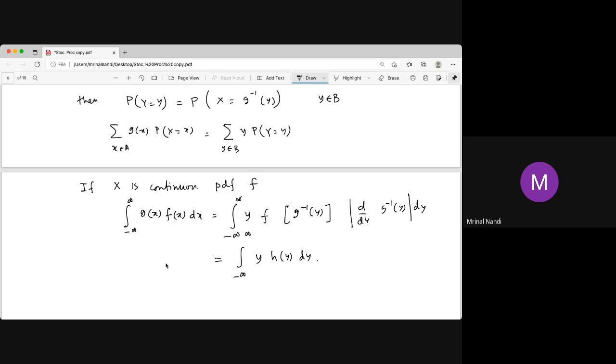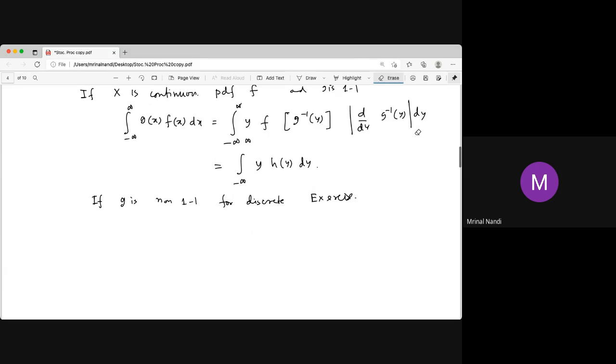But if g is not one-to-one, it is slightly complicated. Here we assumed that the PDF exists and g is one-to-one. If g is not one-to-one, for the discrete case it is easy; it is an exercise. For the continuous case it is slightly hard.